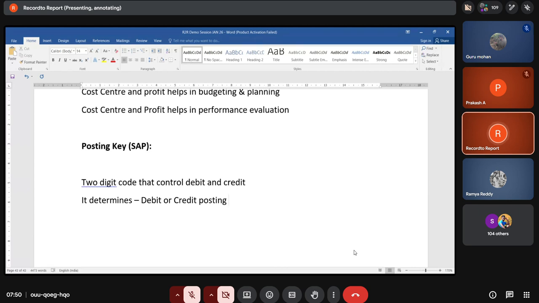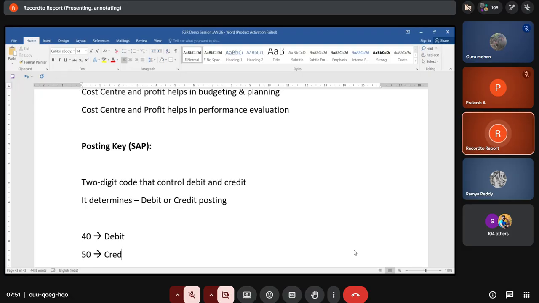So in SAP, for R2R, there are only two posting keys, guys. One is 40. If the posting key is 40, it indicates debit. If it is posting key 50, it indicates credit, guys.